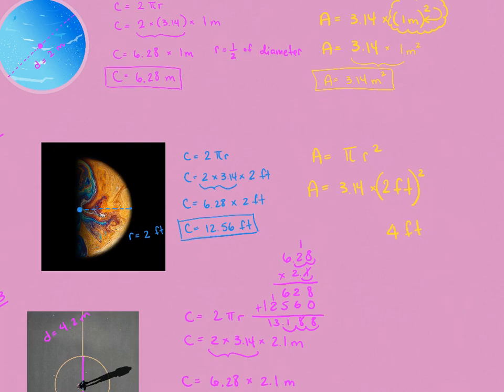And we're doing that first because you remember PEMDAS, order of operations, you do parentheses first, then you do exponents. And there's an exponent here, and it's applying to what's inside the parentheses. That's why we're doing this first, order of operations. Okay, so 2 to the second power is 4. Feet times feet is feet squared.